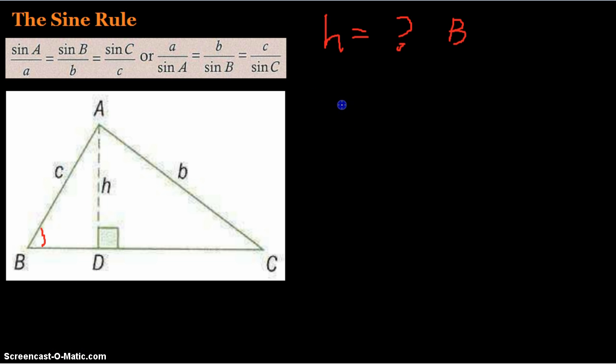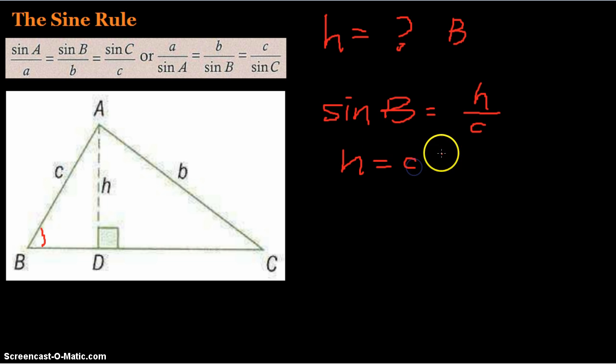So I'm going to have sine. Sine of angle B is equal to h over c. So h is equal to small c times sine of angle B.